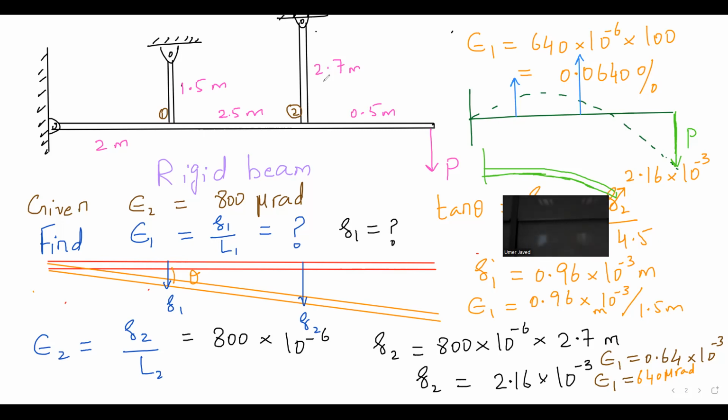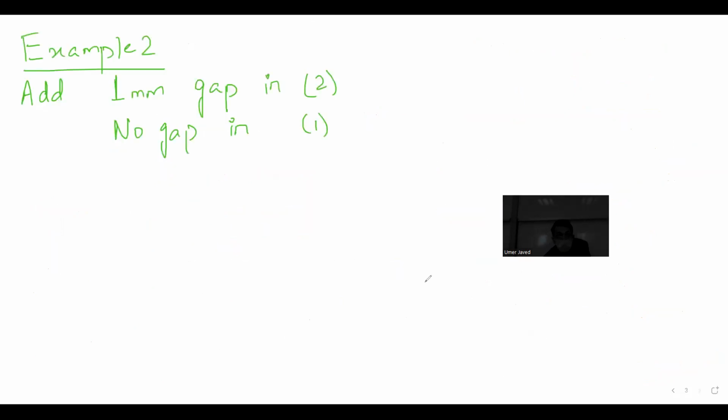The moment you put a load, because of that play, it will fall 1 millimeter. Then when you put the load, this rod will start to take the load, right? The question says add a 1 millimeter gap in rod 2, but there is no gap in rod 1. So think about it. How can you proceed?